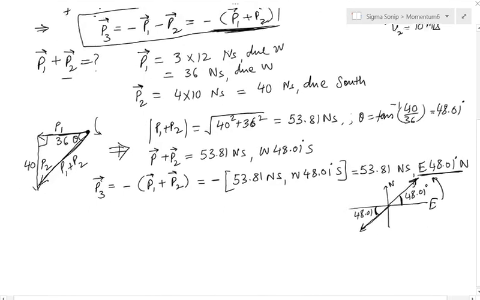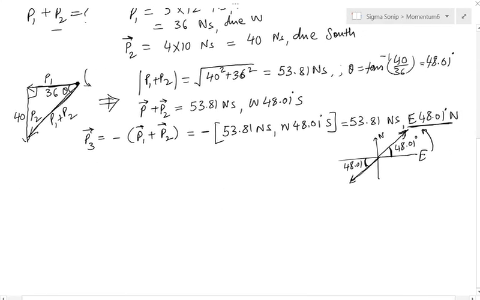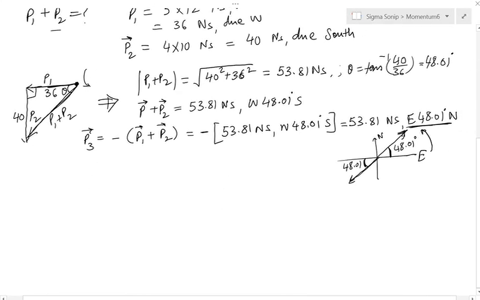Okay, so let me write P3 here again. P3 is equal to 53.81 Newton seconds east 48.01 north. Before we move any further, I just want to tell you how to find the reverse of a vector like this.